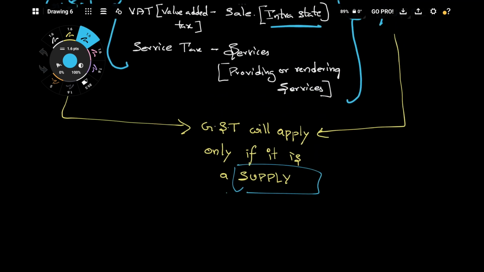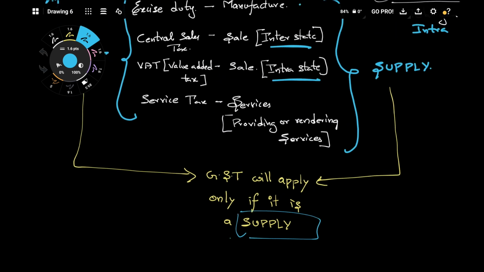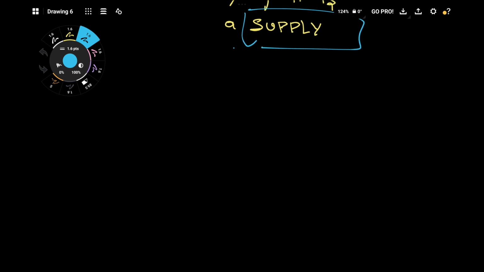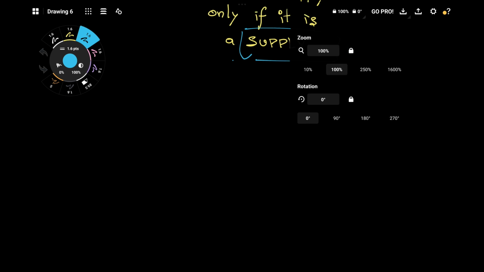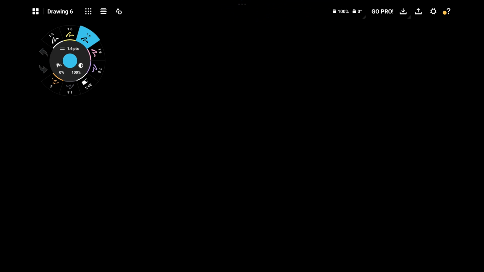So we have discussed general taxes which have been subsumed into GST. Now we will discuss specific taxes which have been subsumed into GST. Apart from excise duty, VAT, and sale tax, what are the other taxes that have been subsumed into GST? Let's move to them. Taxes subsumed into GST.